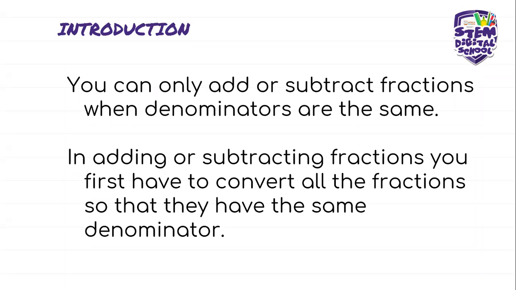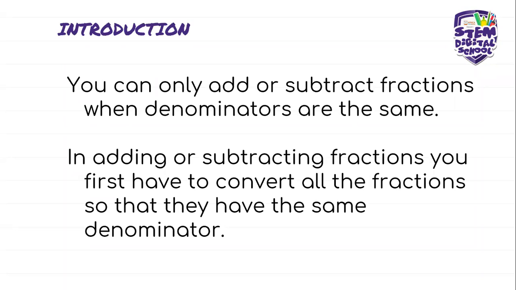The two fractions have the same denominator, which is 5. So all that you do is add the numerators, in this case 1 plus 1, which is 2. So your fraction will be 2 over 5.